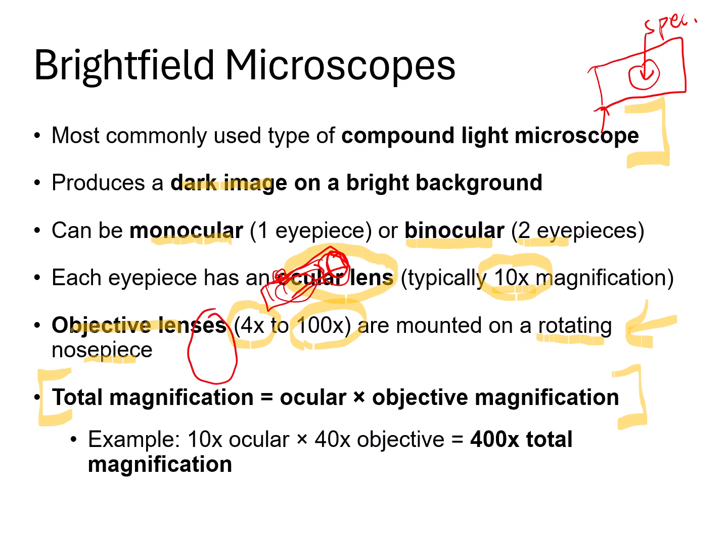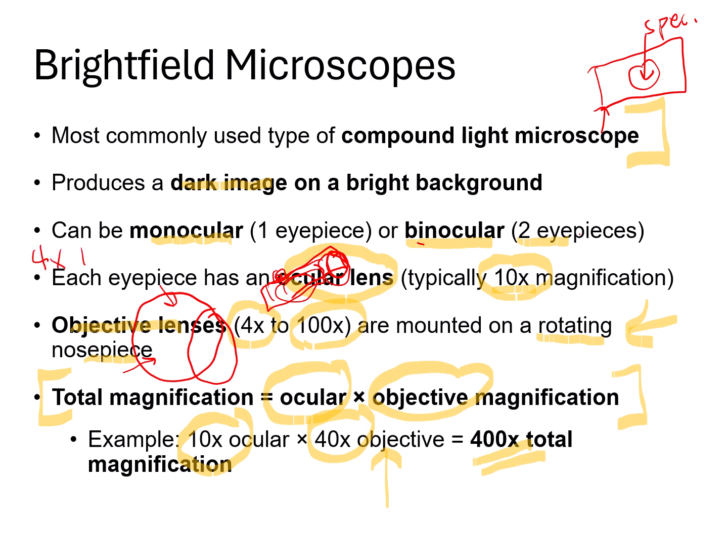To do this, you just take the ocular lens magnification and multiply it by the objective lens magnification. For instance, if you were on the 40 times objective lens, which is usually blue on our microscopes, and you multiply that by the 10 times ocular magnification, you get a total magnification of 400.